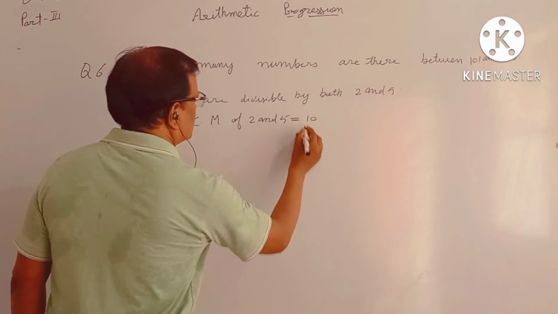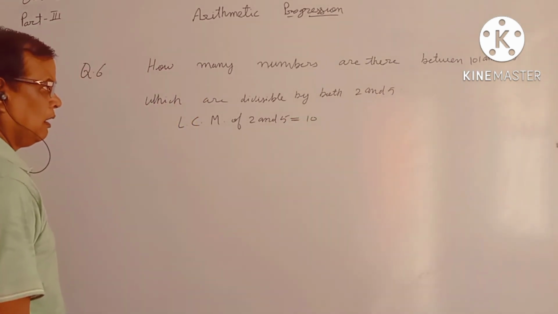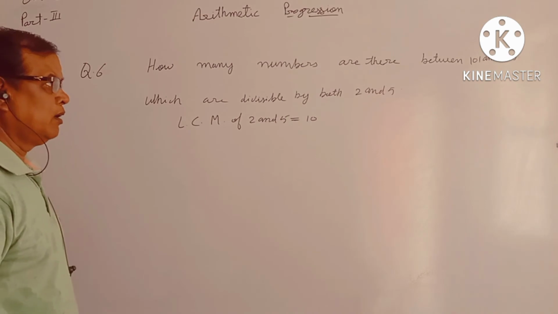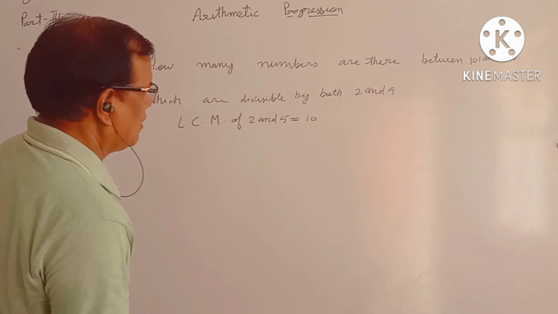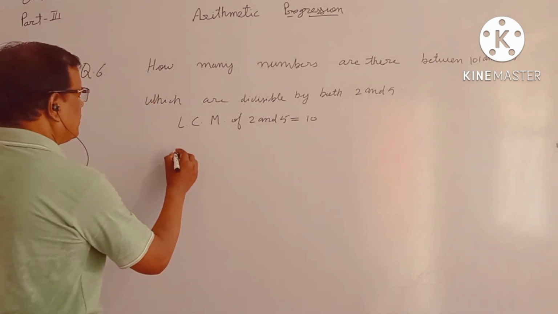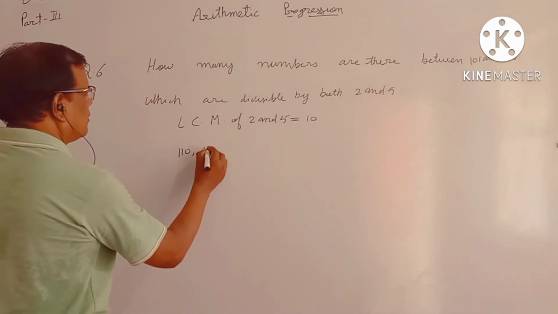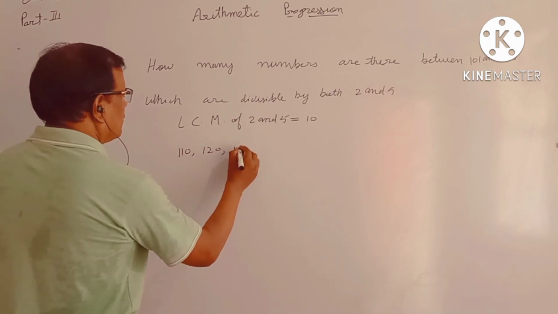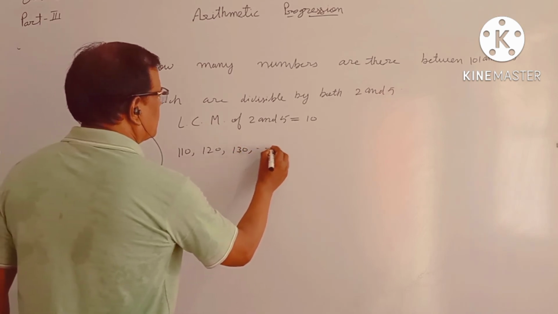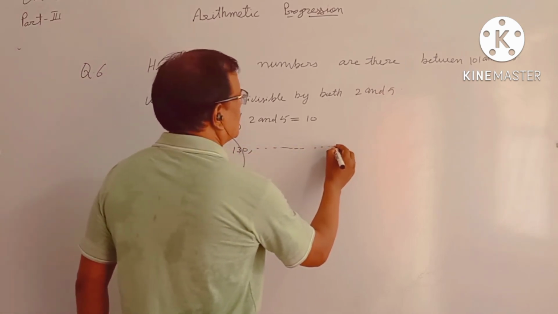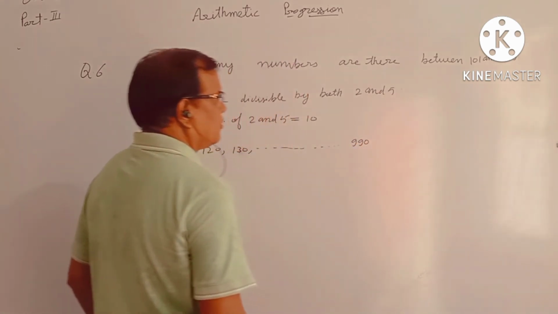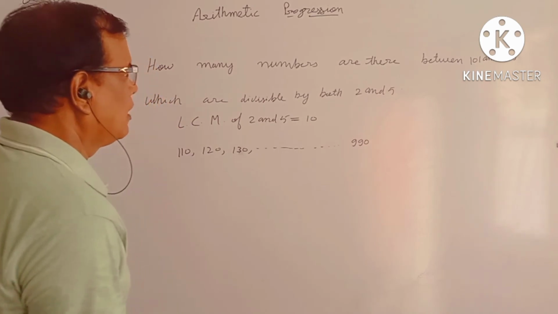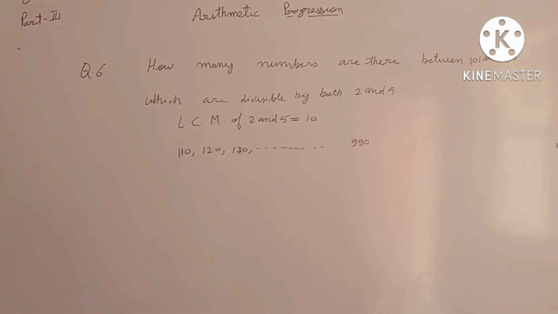It means the number should be divisible by 10 and between 101 and 999. So it will be 110, 120, 130, up to 990, because it should be less than 999 and greater than 101.